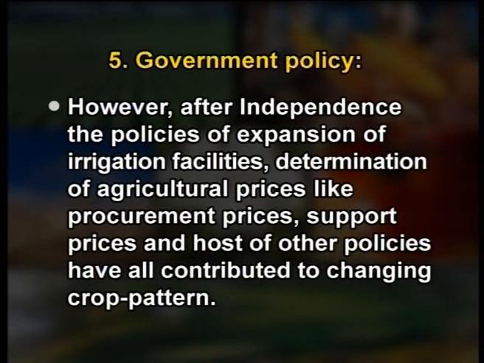However, after independence, the policies and expansion of irrigation facilities, determination of agricultural prices like procurement prices and support prices, and a host of other policies have all contributed to changing the cropping pattern.